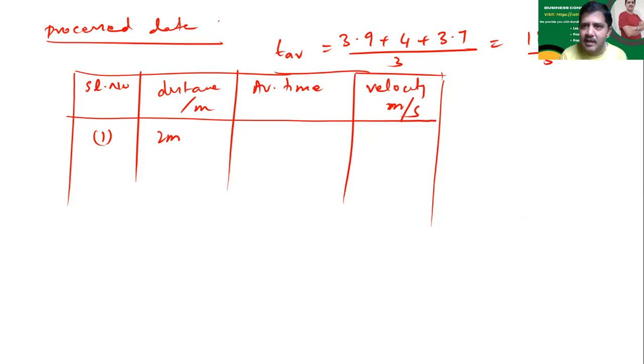So 3 3s are 9. Then you have 26. 3 9s are 27. Maybe around 3.8. 3 8s are 24. 20. Then I can just keep this as 3.87. But since everything is nearly of the order of only 1 decimal place, this should be shortened to 3.9 seconds. So this is your 3.9 here.